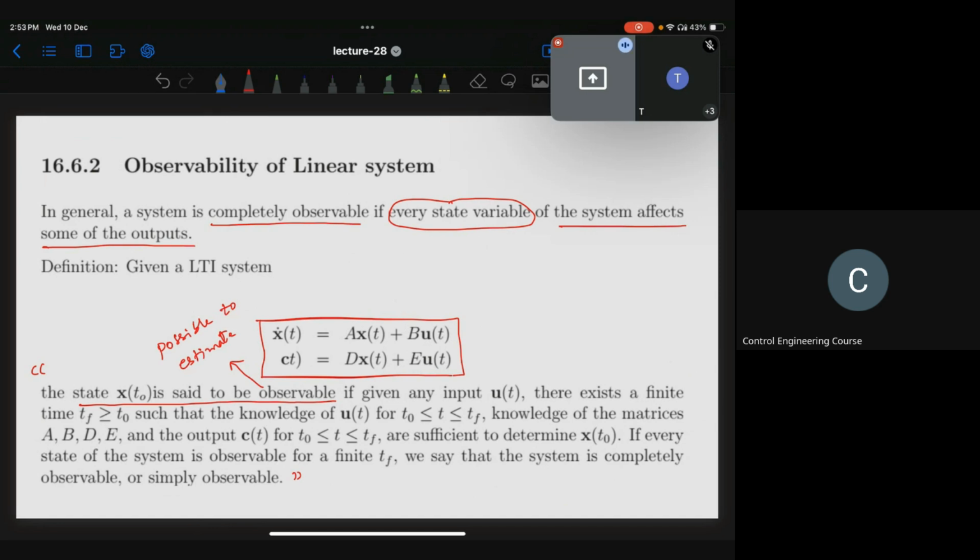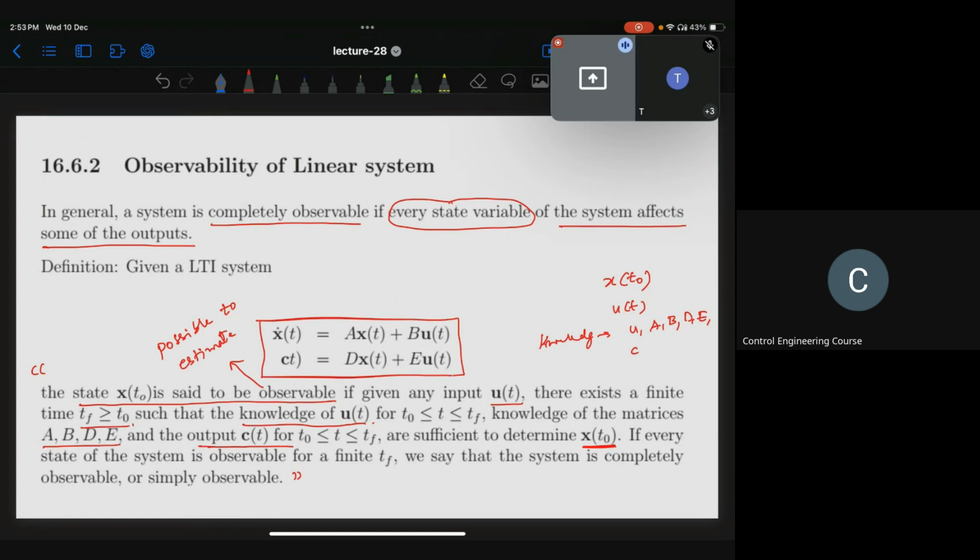This x of t naught is observable for any input u of t if, for any given input u of t, there exists a finite time tf greater than or equal to t0 such that knowledge of u, of the matrices A, B, C, D, and of the output are enough to determine x of t naught.